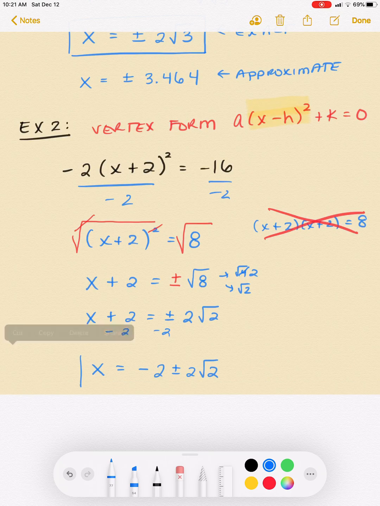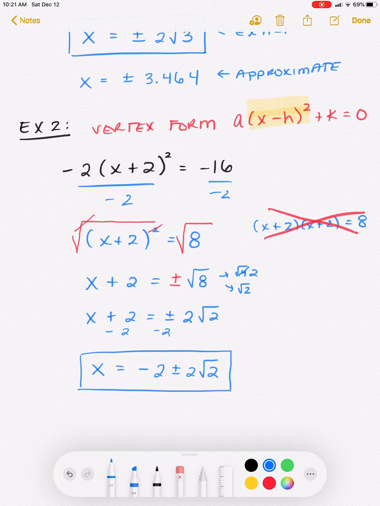And this right here is going to be the exact answer. Just as a quick little note, I'm going to do this over here in green. You can, if you want, put the negative 2 behind it. It just looks funny, okay? So what we typically do is we put it out front and put the plus or minus in the middle.